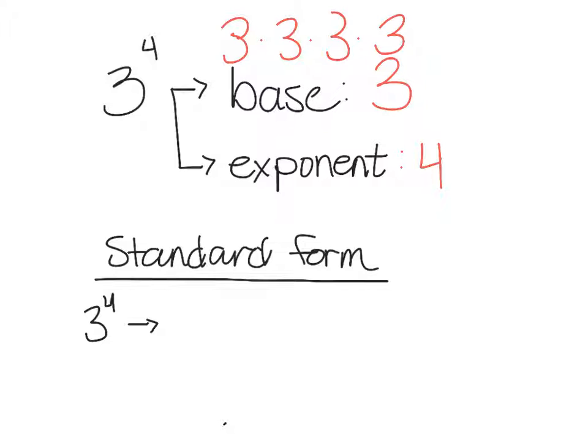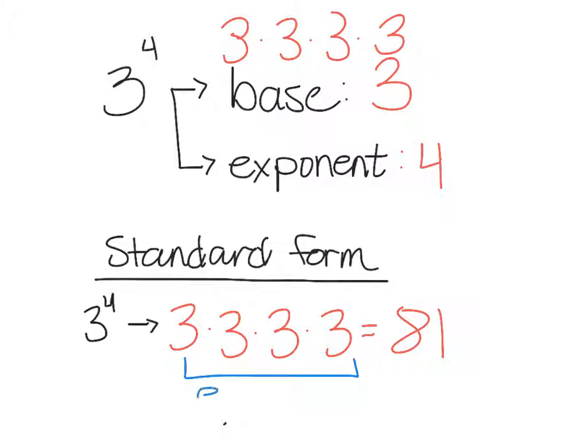For standard form, it's when you actually do 3 times 3 times 3 times 3, and your answer is your standard form, which in this case, 3 to the 4th power is 81. The 3 times 3 times 3 times 3 part is actually going to be called the expanded form.